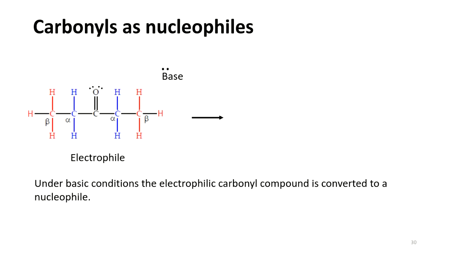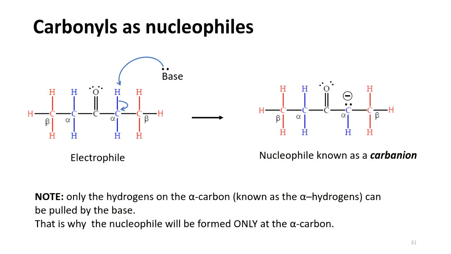So the base will abstract any of these four, which are labeled in blue. They're all in the alpha position. The base could remove any of these four. The base will remove the proton, the electrons will come in, and so the carbon now becomes negative.